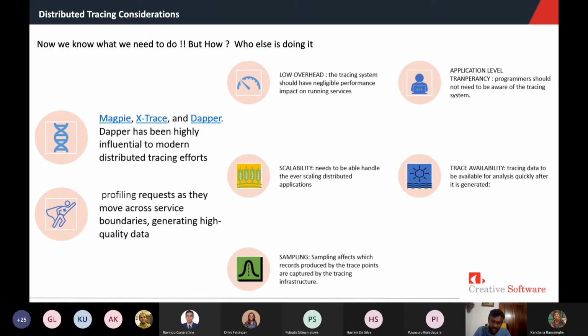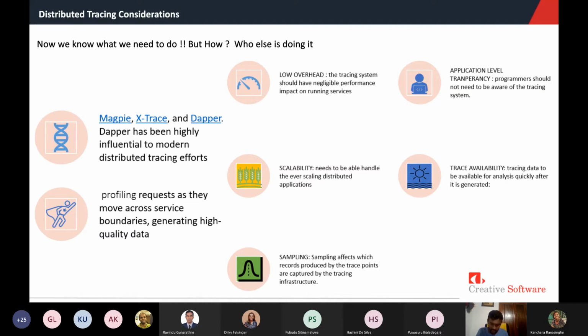Then comes the scalability problem we discussed a little earlier. Then there's another important factor. Since we talked about real-time monitoring, troubleshooting, and debugging applications, you need to have the tracing system available at all times, whenever you want to troubleshoot or debug something.